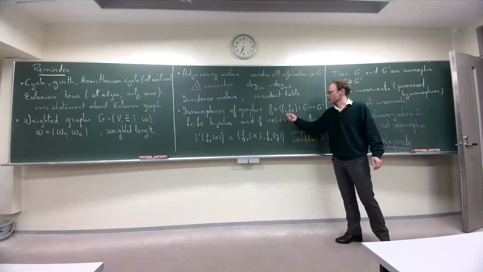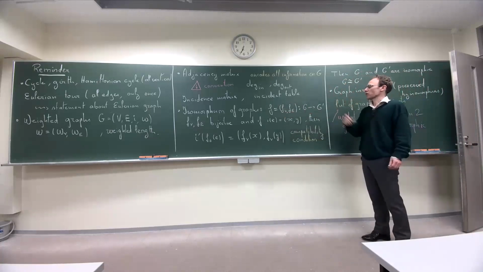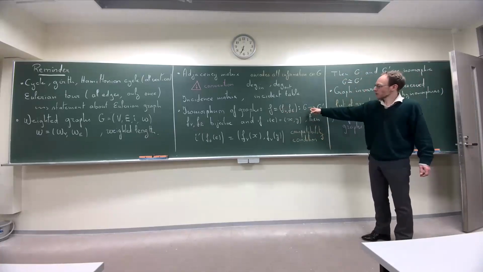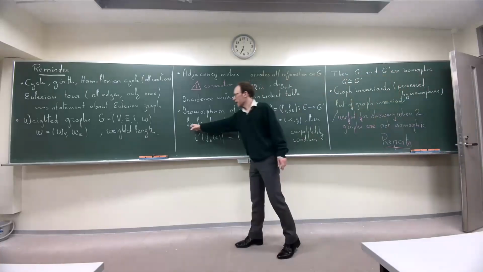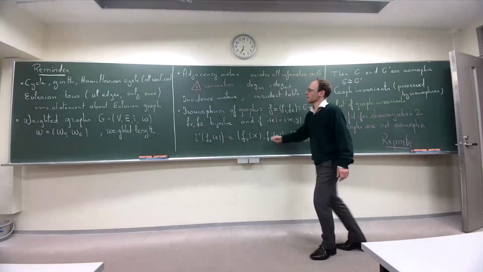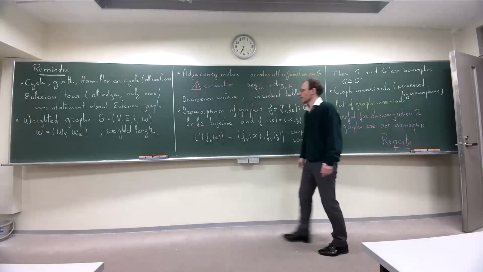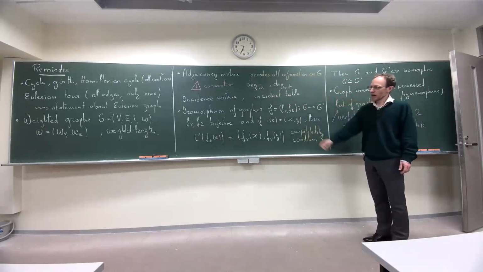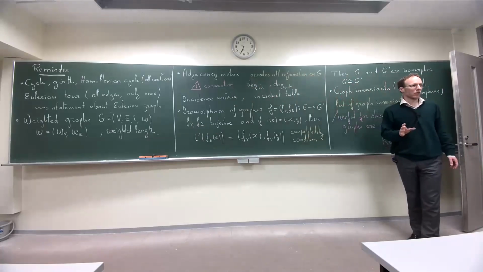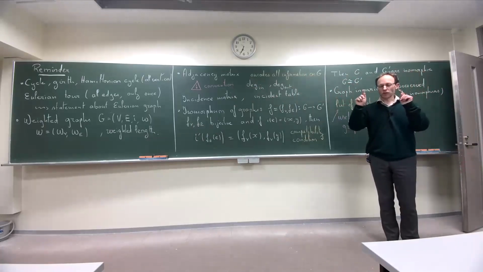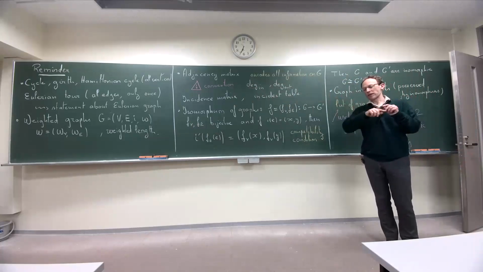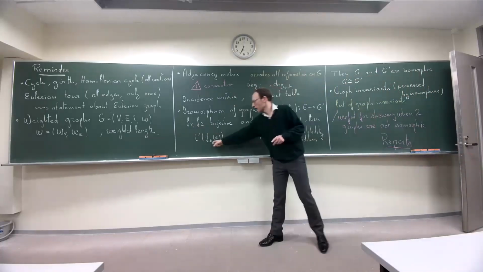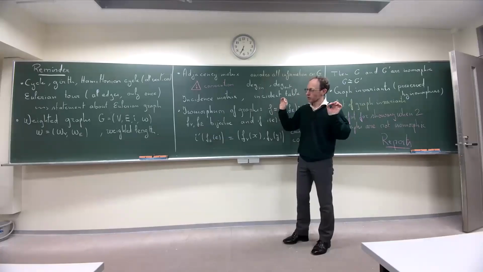It's, again, two functions from one graph to another one. These functions have to be bijective on the set of vertices, bijective on the set of edges. And in addition, you have a compatibility condition. If you take an edge with two endpoints, then you send with f this edge and look at the two endpoints.